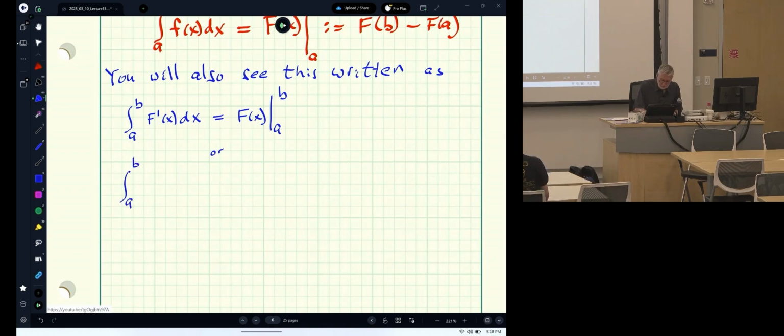Or you'll see integral, okay, it's just using the, what was it, Leibniz notation, the df dx. Okay, it's the same thing as the prime, it's just the first derivative.